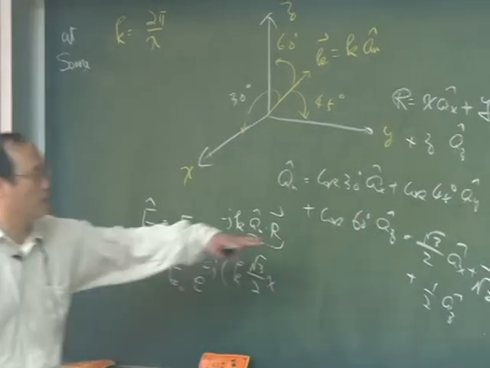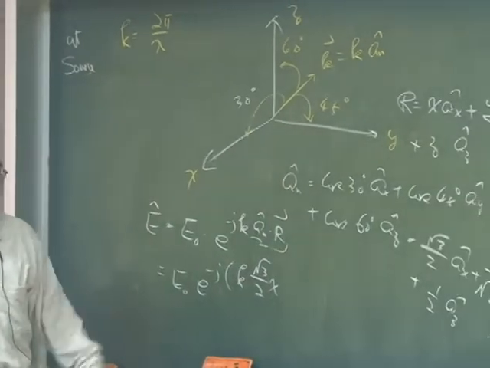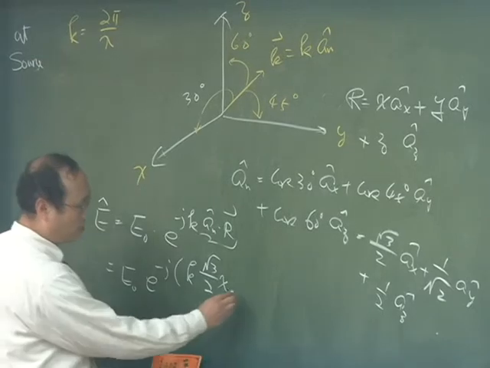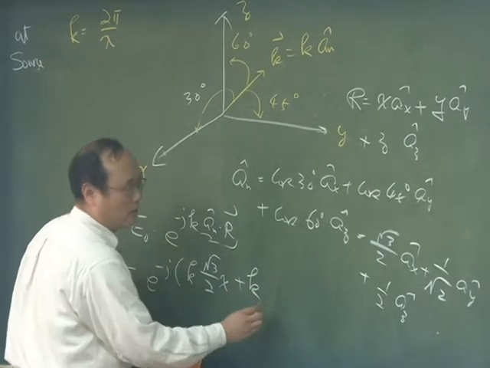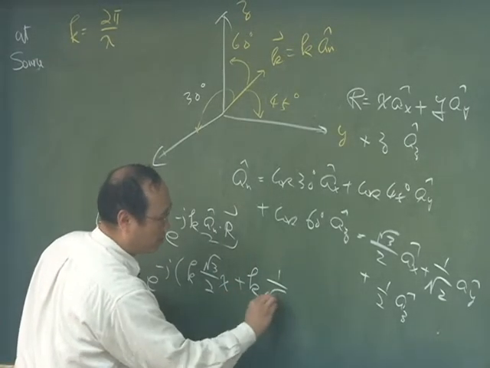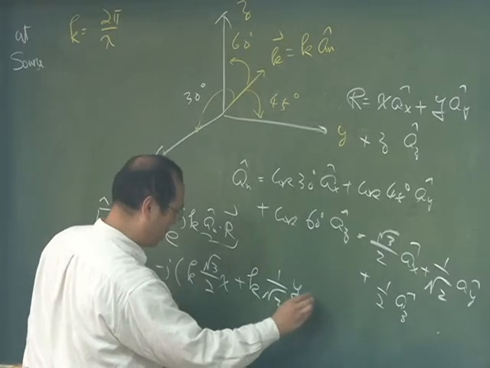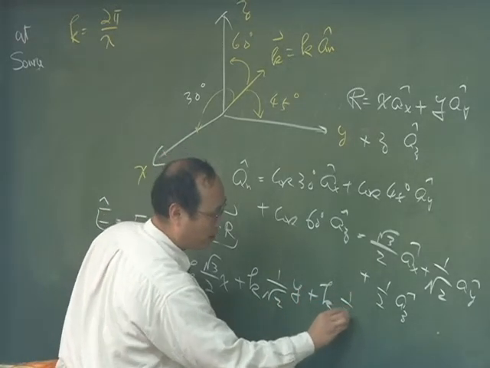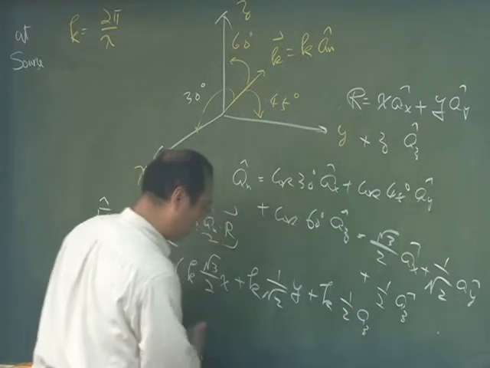Okay, so just do a dot product between this an and this and multiply with k. This is too easy for you, but I go through this for you anyway. Plus k 1/2 az. No, this is z.